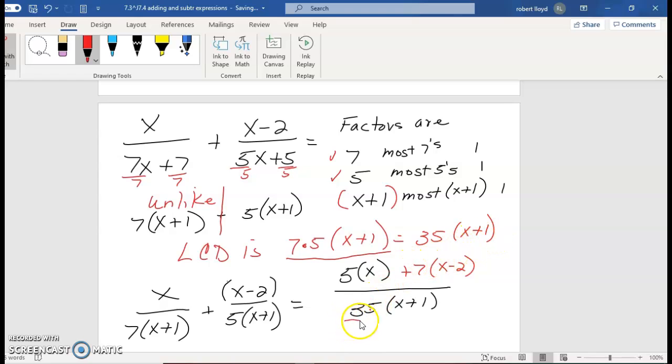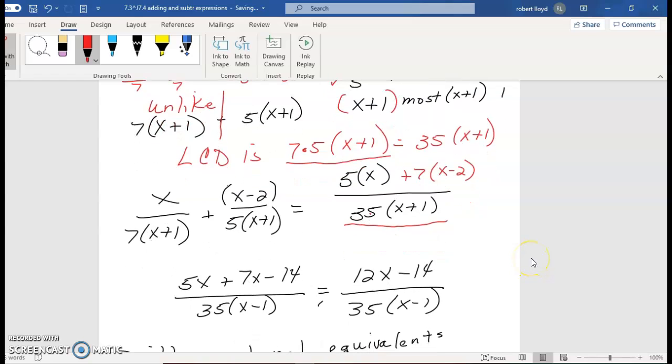So that's going to go here. Then we take each denominator separately and divide it into our common denominator. So when we take our common denominator and divide it by the first denominator, the x plus 1s are going to cancel, and 7 goes into 35 5 times, and we got x number of them, so it's 5 times the x. In our second denominator, we divide that into our common denominator, and we're left with 7.